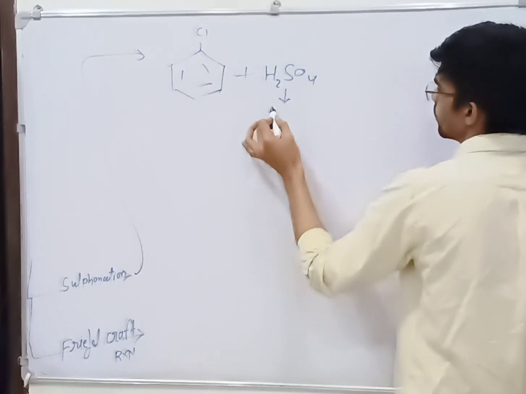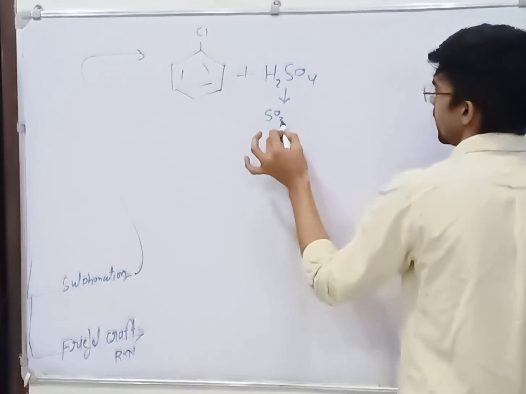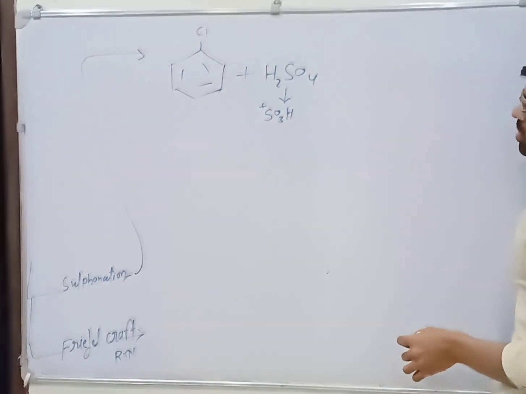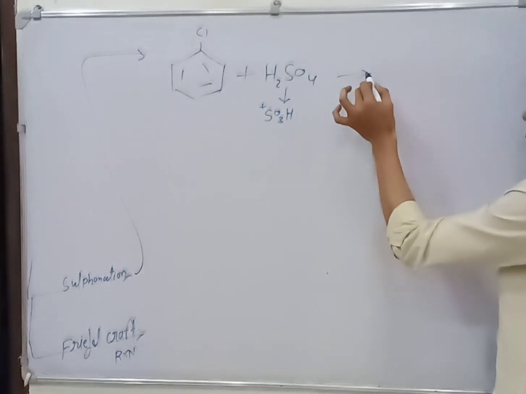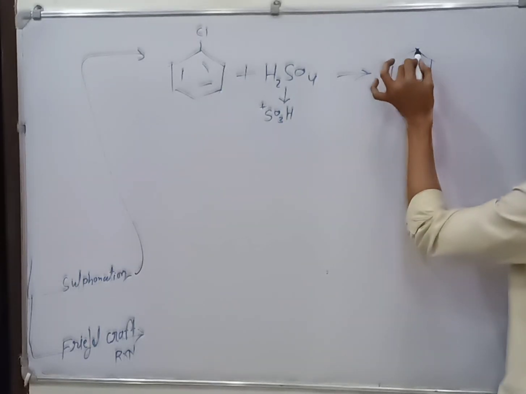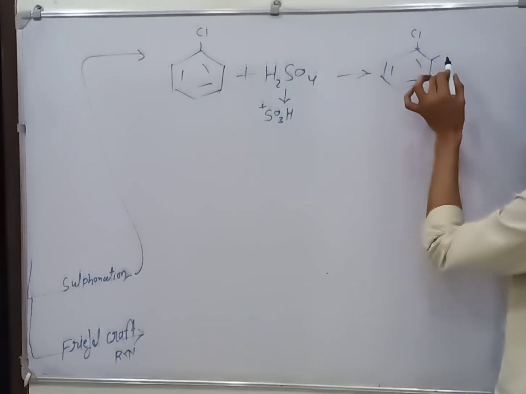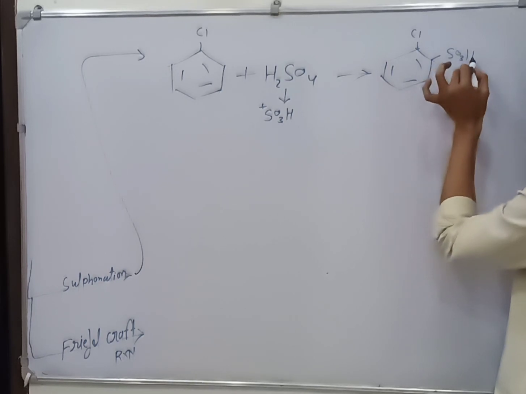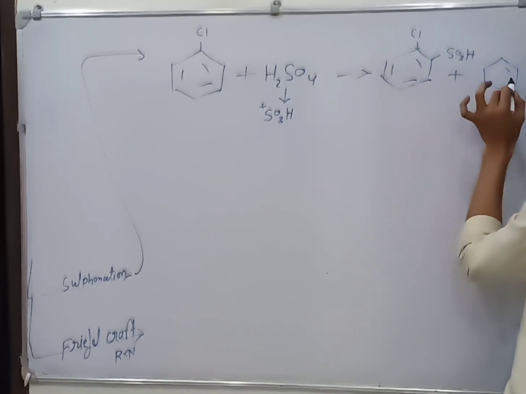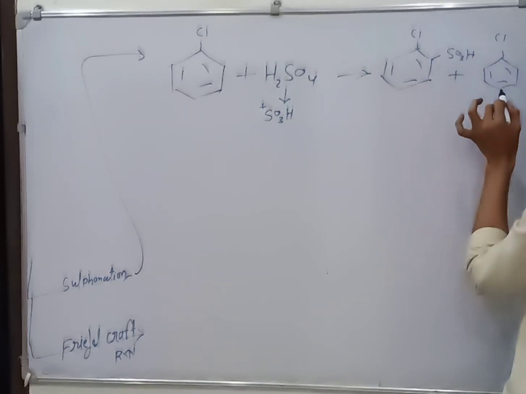It gives SO3H electrophile. So it will get attached in ortho and para position of haloarene. This is called sulfonation.